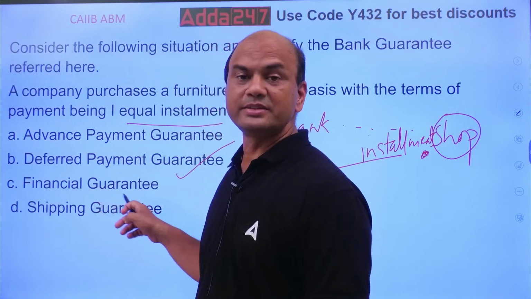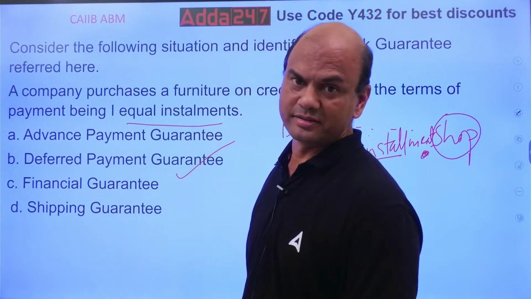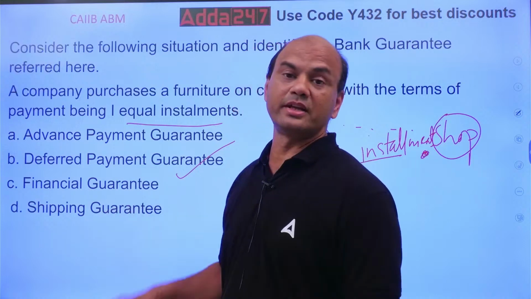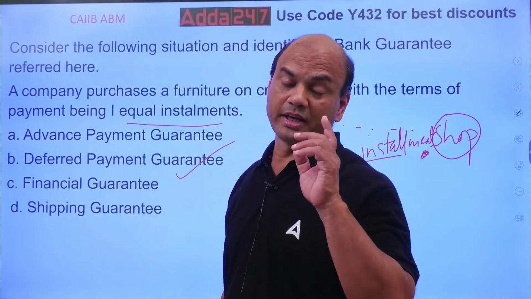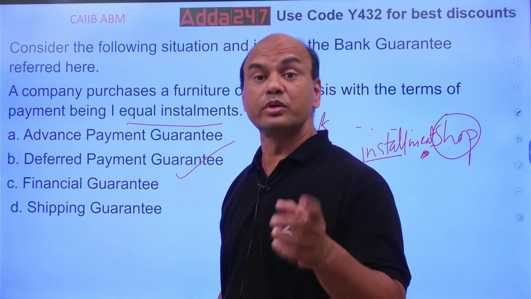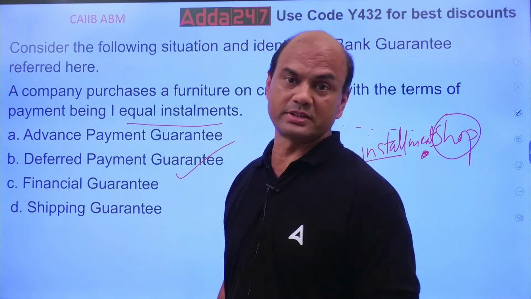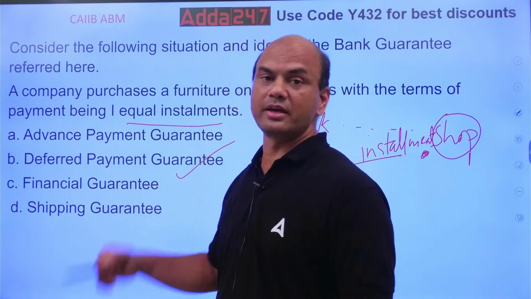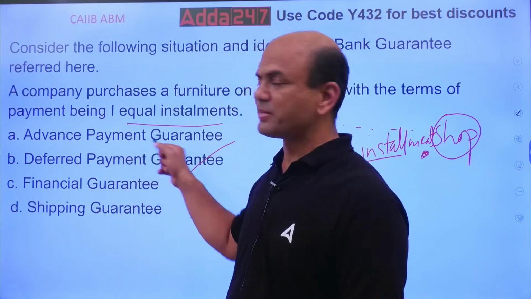Financial guarantee is basically an unsecured guarantee. Shipping guarantee is given when the export goods have reached the port, but the documents have not reached. In that case, you give the shipping guarantee. And advance payment guarantee is different.